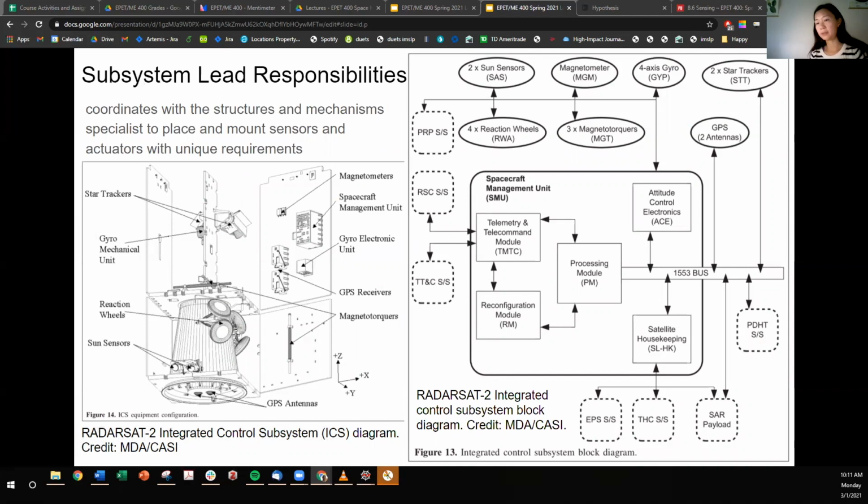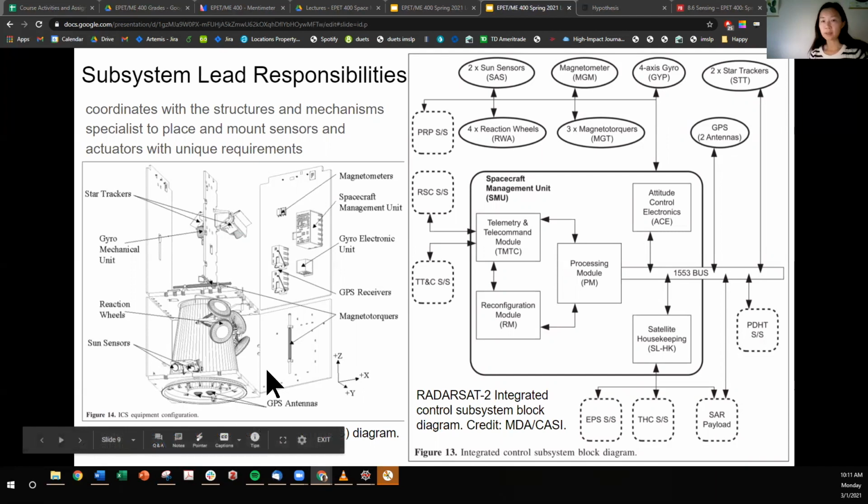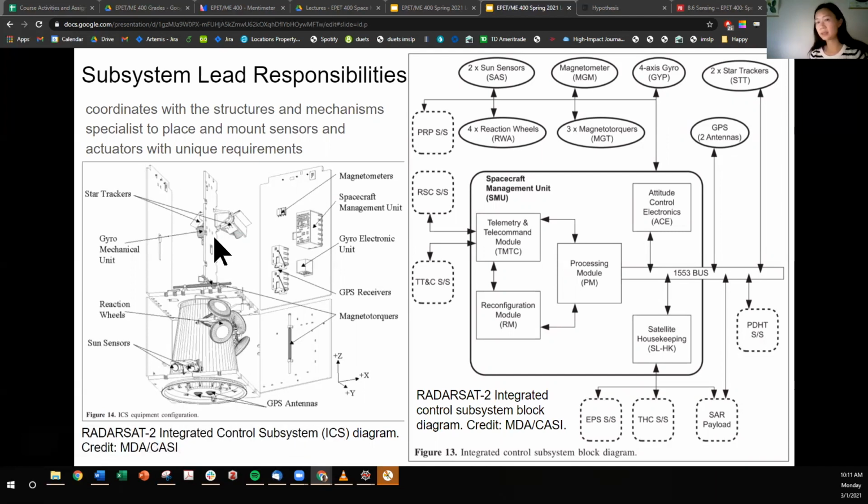Another subsystem lead responsibility is to coordinate with the structures and mechanisms lead to place and mount sensors and actuators with unique requirements. So for example, there are cameras that would want unoccluded field of views to the space environment.